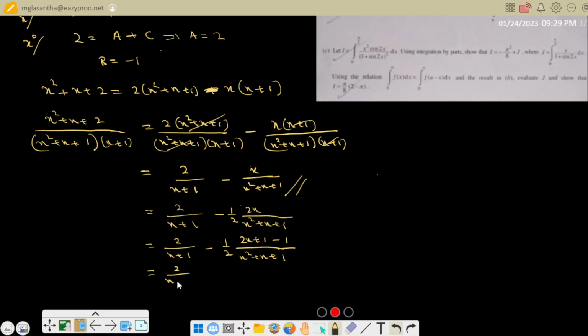Then 2 over x plus 1 minus half into (2x plus 1) over (x squared plus x plus 1). Here minus into minus becomes plus, half times 1 over (x squared plus x plus 1). Further you can simplify this.